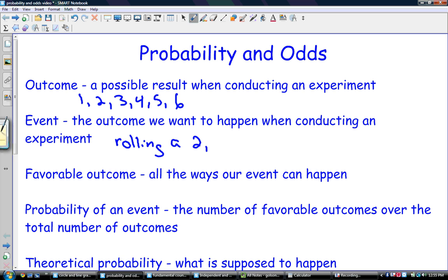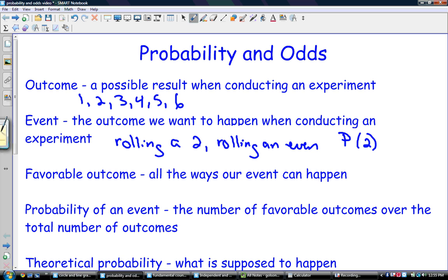Or I could say I want it to be rolling an even number. Something like that.